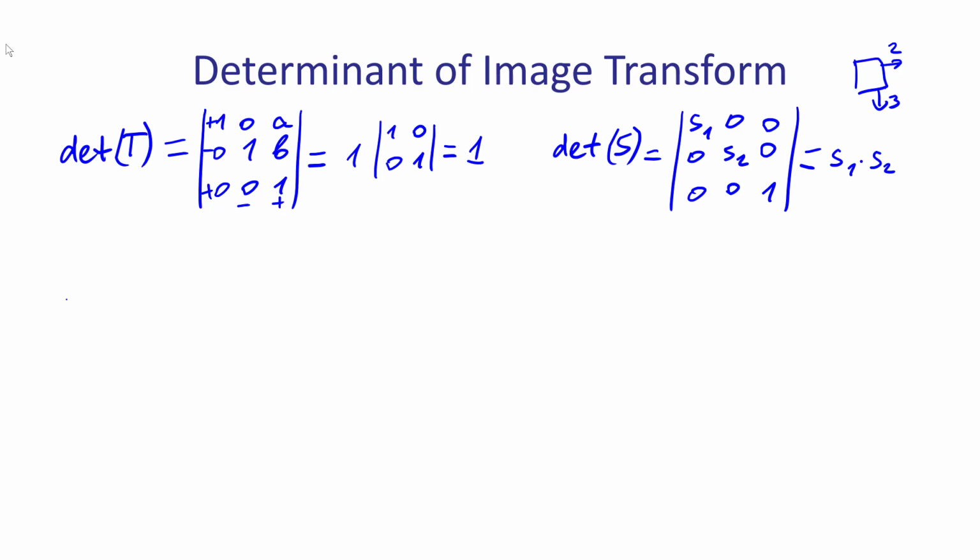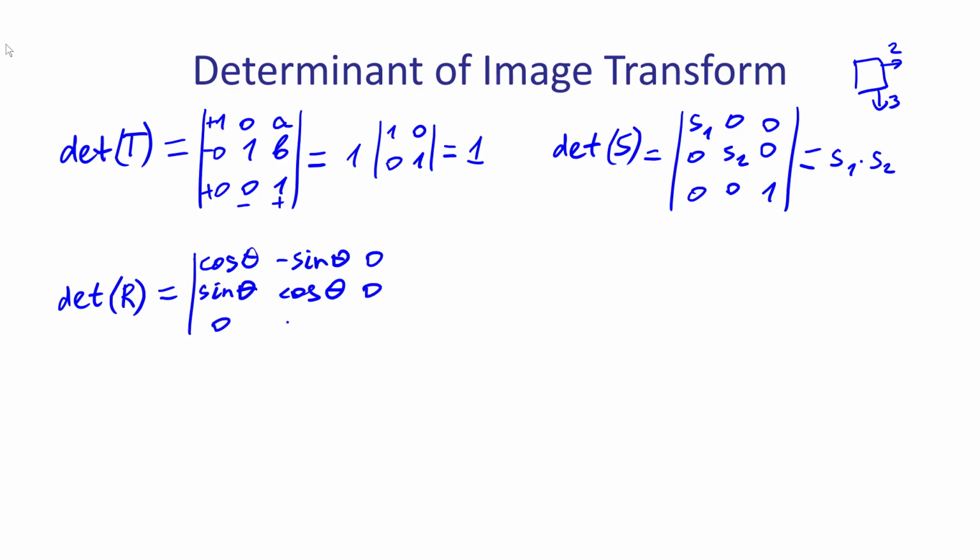Now, let's try rotation. As you could guess, if you rotate the image, you are not changing the area of anything. You leave the same area. So let's see if it works for rotation. This is the matrix: cosine theta, minus sine theta, 0, then sine theta, cosine theta, 0, 0, 0, 1. What is the determinant? Let's expand by the last row, for example.